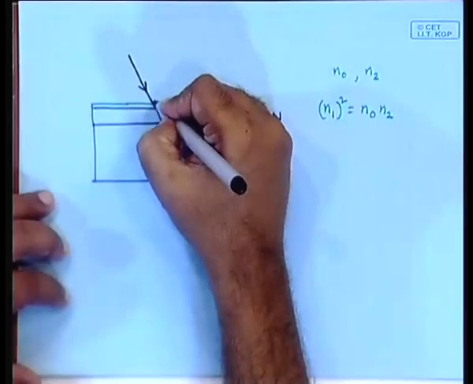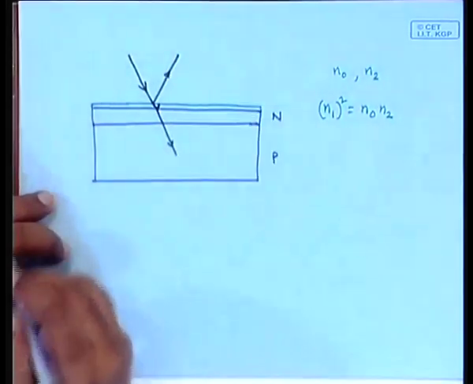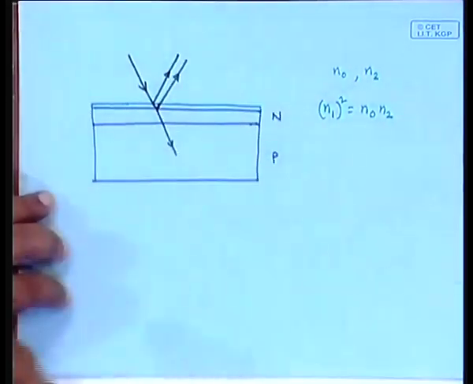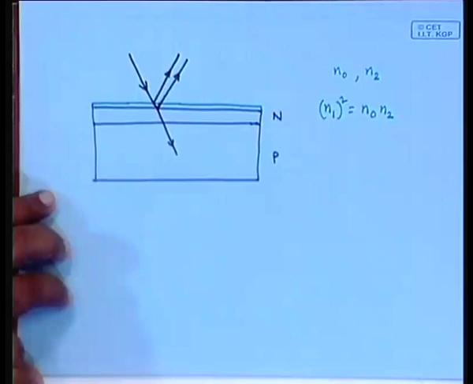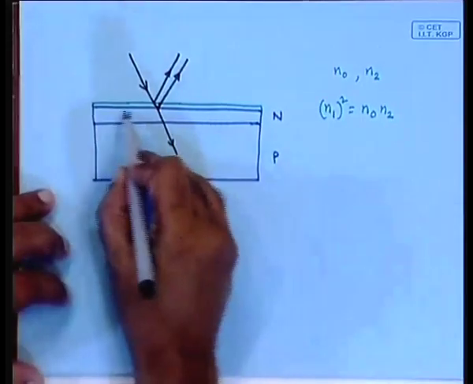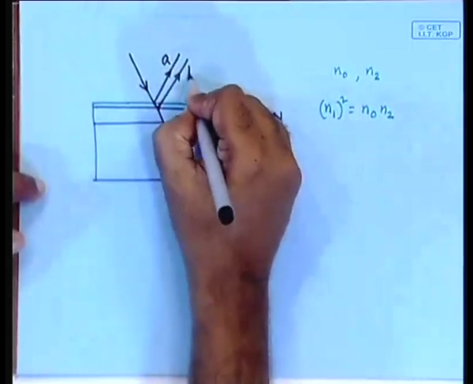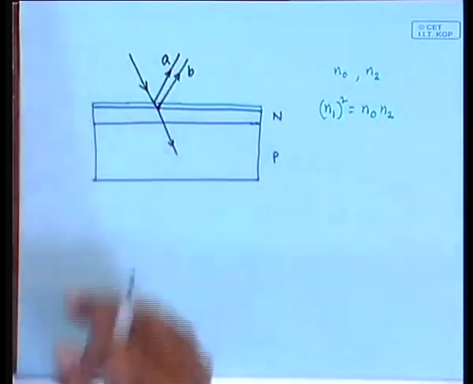Some part will be reflected off here, and some part will be reflected off here, and it is possible to make this coating such that these two, say I call it A and B, are 180 degree out of phase.